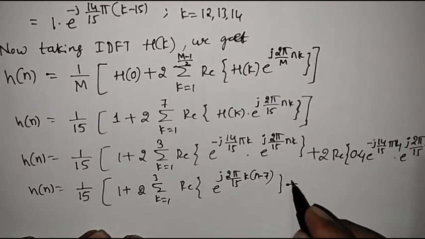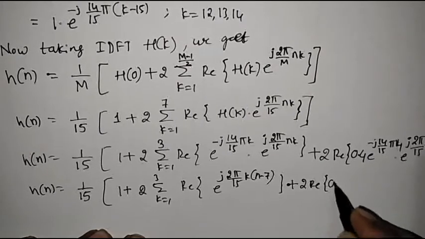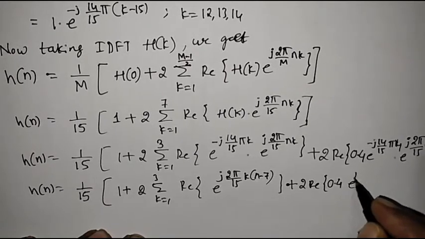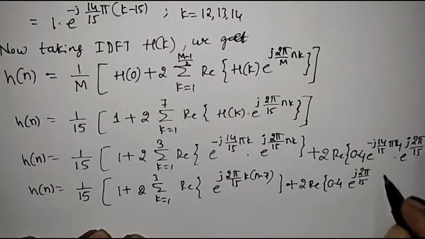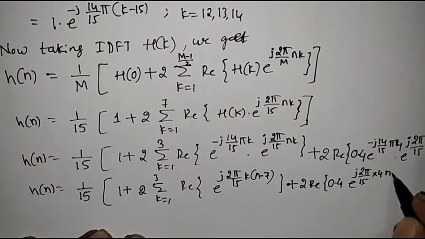Similarly, plus 2 real part of 0.4 e power j 2 pi by 15 into 4 (n minus 7).